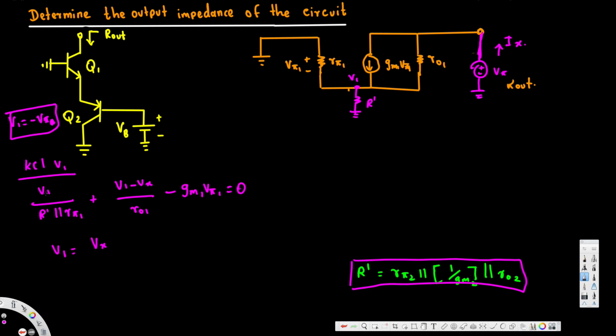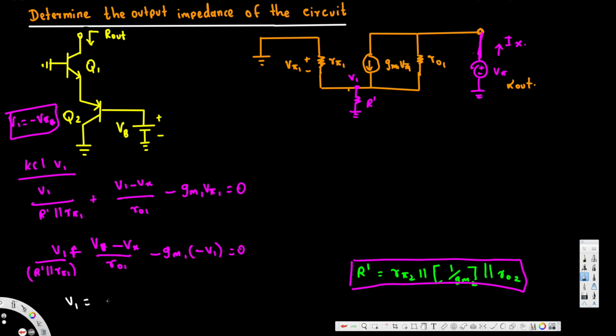So this is going to be V1 over R prime parallel Rπ1, plus V1 minus Vx over RO1, minus gm1, and instead of Vπ1 I put minus V1, that's equal to 0. So here V1 is equal to negative Vπ1. Now let's continue. Here we are just going to bring everything in terms of V1.